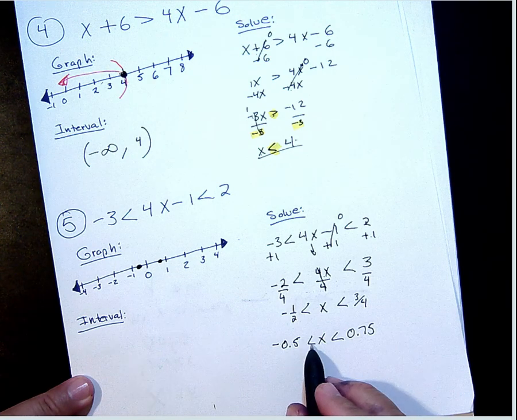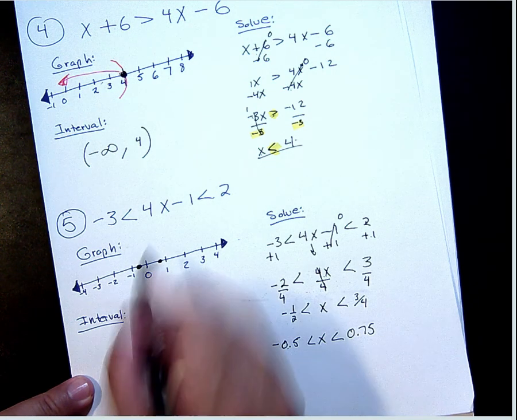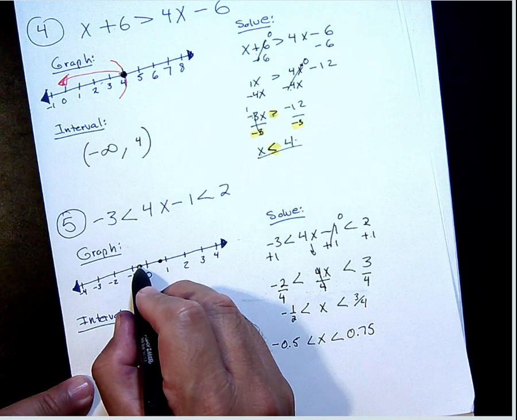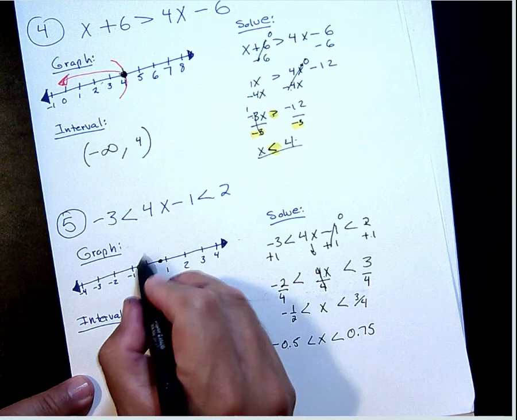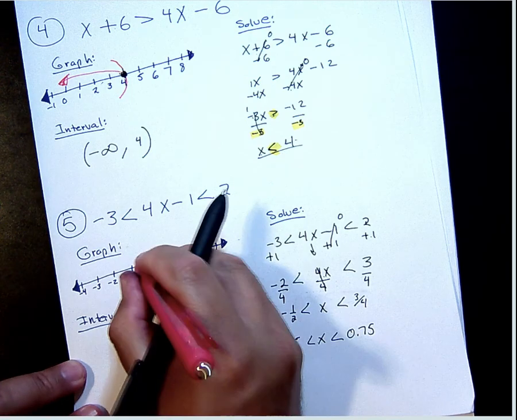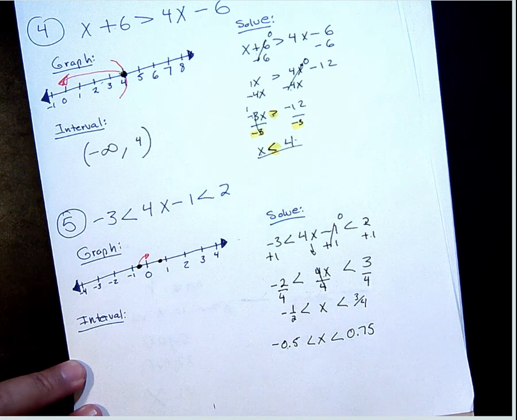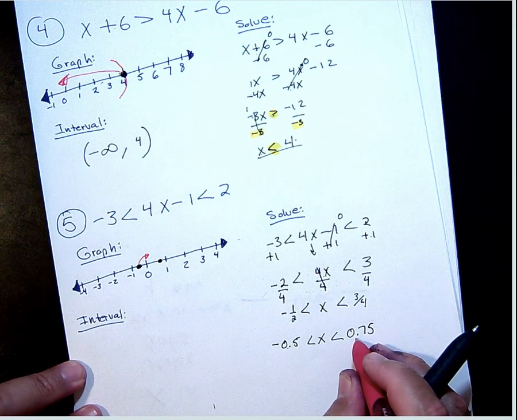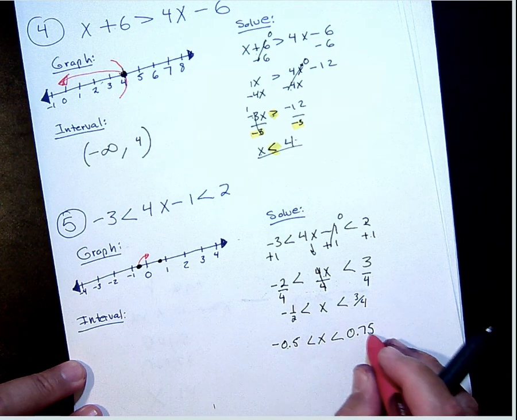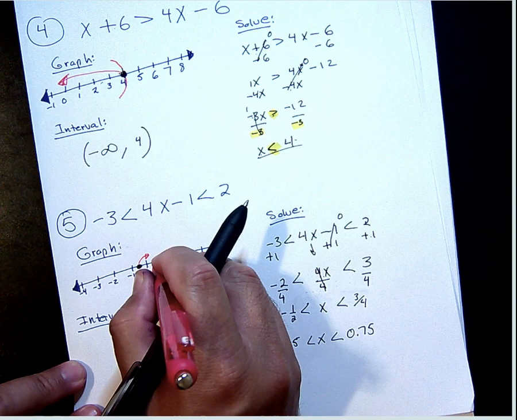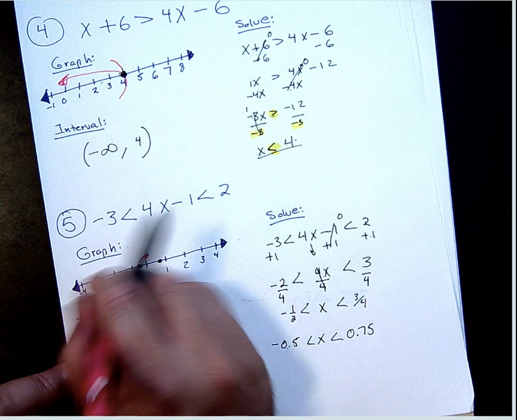Now determine where the x's are going. So x is greater than negative 0.5. So for negative 0.5, greater should be this way. These numbers are greater. So we put it in red, this way. And that one says x is less than that number, so 0.75 less would be these numbers. These are the less.